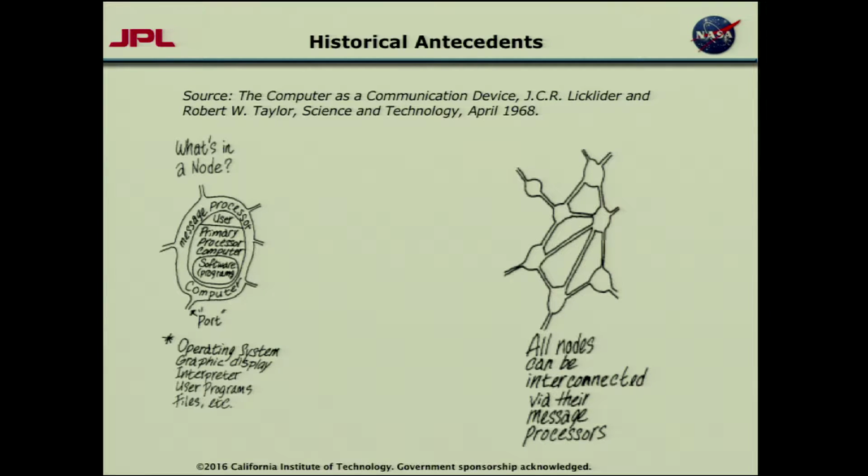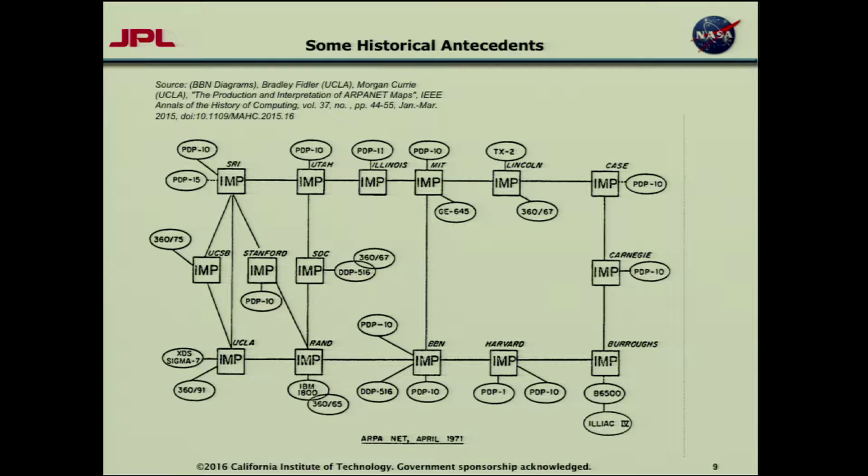And so when they created the Arpanet, and this is a BBN diagram. There's a really interesting article that came out not too long ago that captured a bunch of the historical Arpanet diagrams, and I cited that here. But this is one of the diagrams, the 1971 picture of the Arpanet. So you have the interface message processors, a bunch of PDP machines, and the networks that exist.